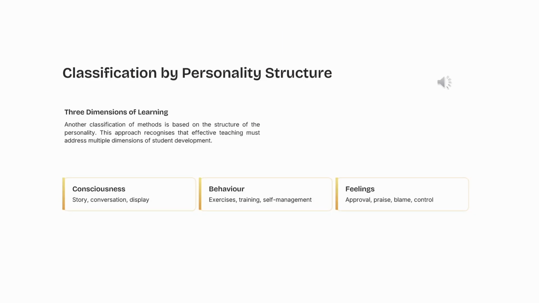The next classification approaches teaching methods through the structure of the personality. This perspective is especially significant because it recognizes that education addresses not one dimension of the learner, but several. The slide distinguishes three such dimensions: consciousness, behavior, and feelings.